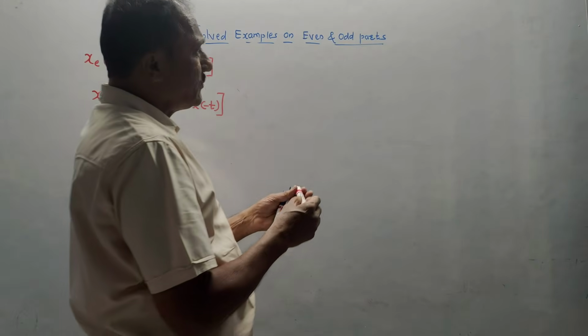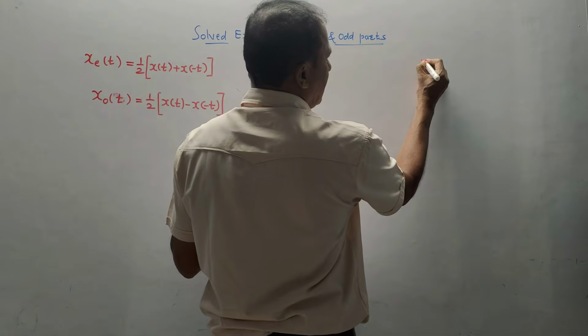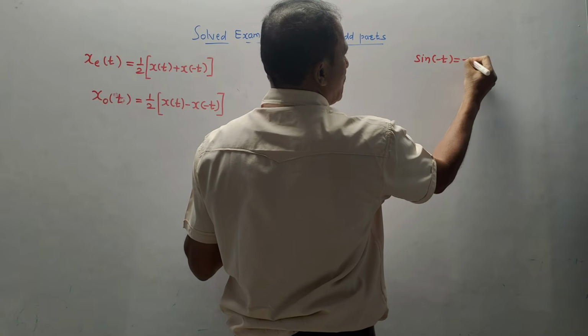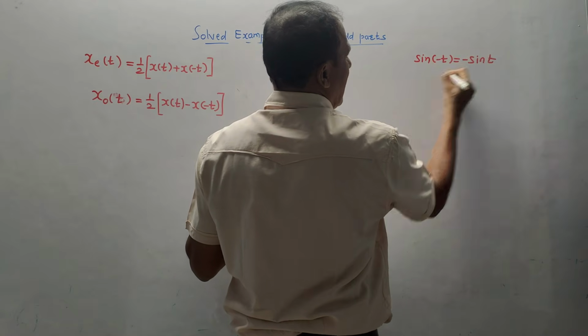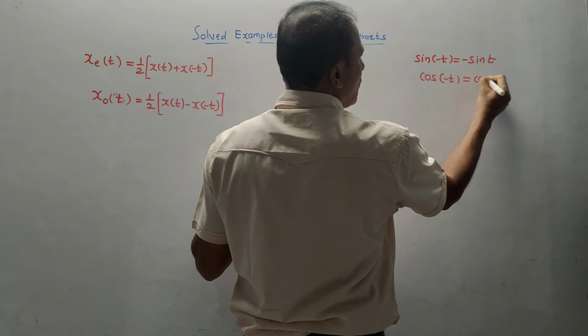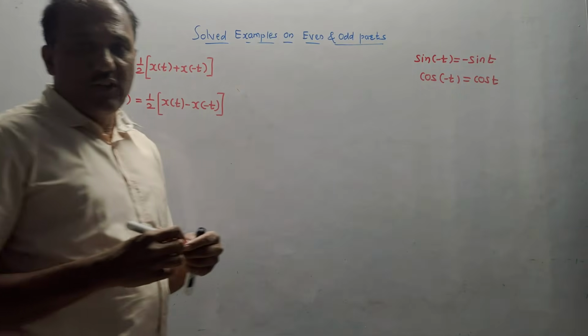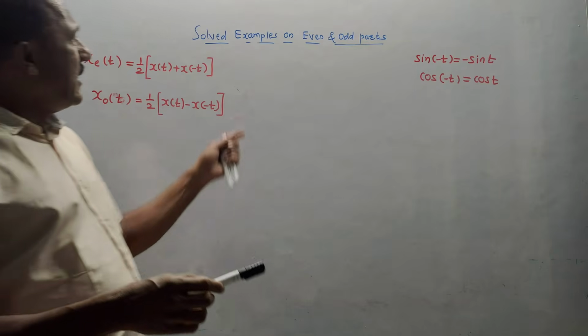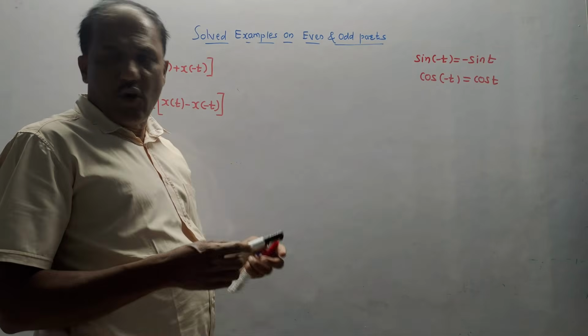To solve the numericals, we need simple mathematical identities. Sine of minus t is equals to minus sine t, and one more identity, cos of minus t is equals to cos t. These are the two well-known identities. Now let us solve few numericals to get an idea about calculation of even and odd part.